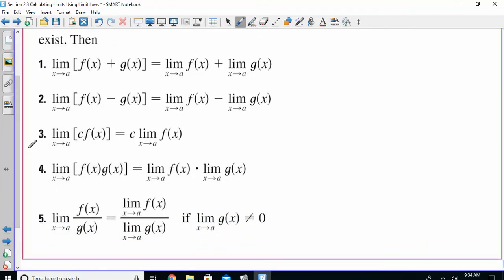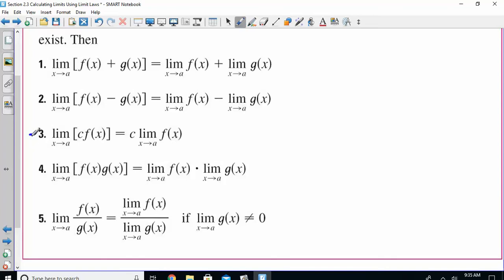If I want to add those together, then I could do the limits individually and add my limits together. Okay, same thing if I have the limit of f minus g. You can do their individual limits and subtract them. Same thing if we are multiplying. Same thing if we are dividing, with the exception that we all know if you're dividing, you can't divide by 0.